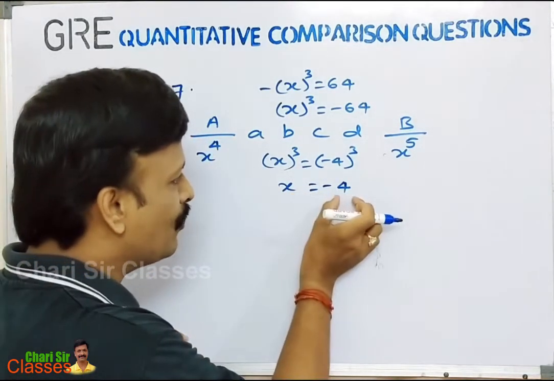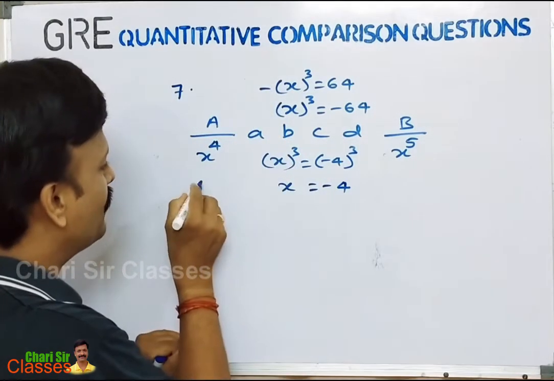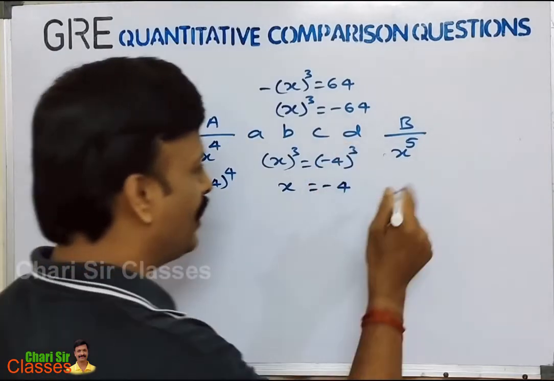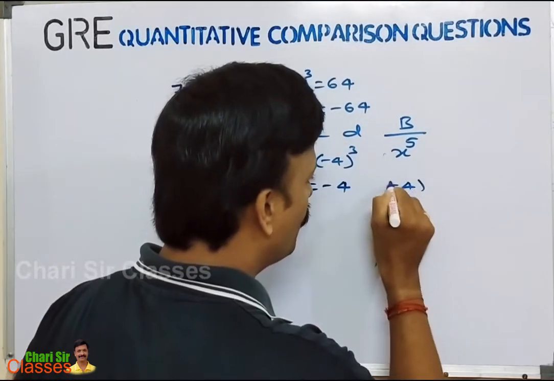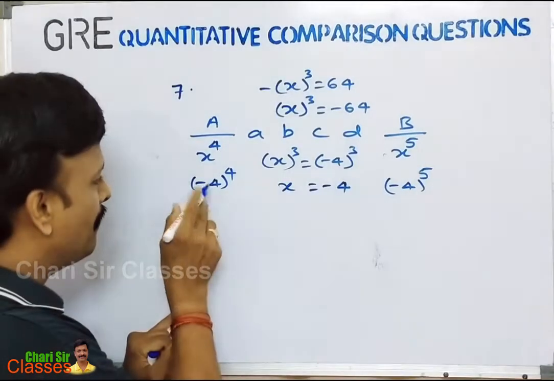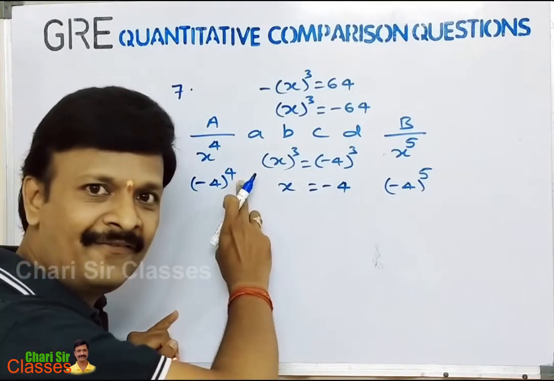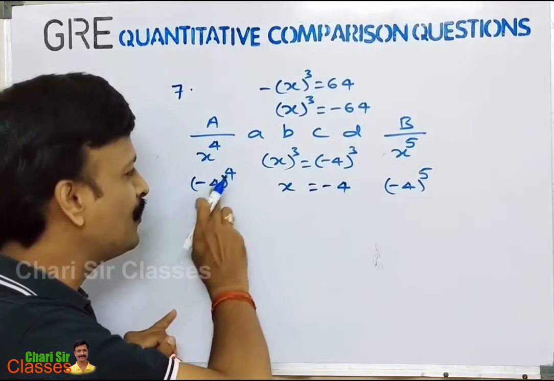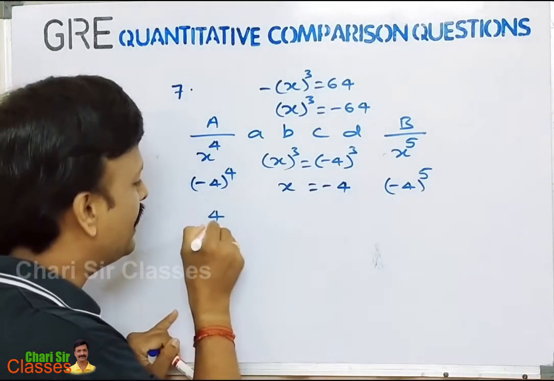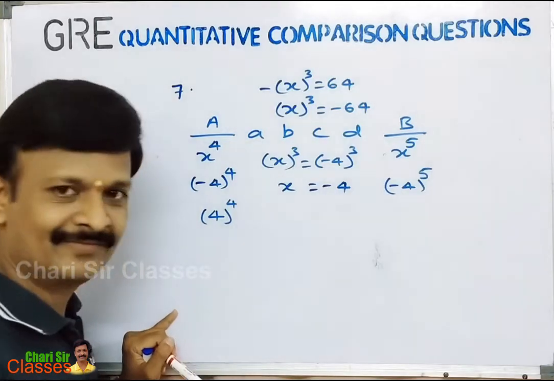When x is equal to minus 4, let's evaluate quantity A, that is minus 4 whole power 4, and quantity B, minus 4 whole to the power of 5. Negative to the power of even is always positive, so this can be written as 4 to the power of 4.